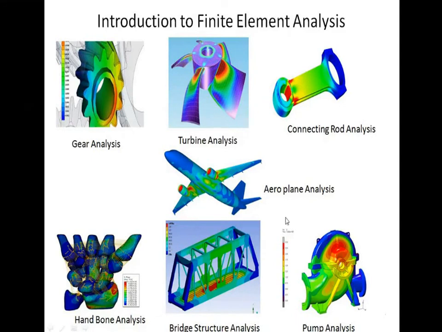Then for different kinds of civil applications or road applications, bridges, roof structures, one can analyze the deformation or the displacement behavior of the roof structure or the bridge structure. So it is very helpful to predict the behavior of different structures for civil applications.